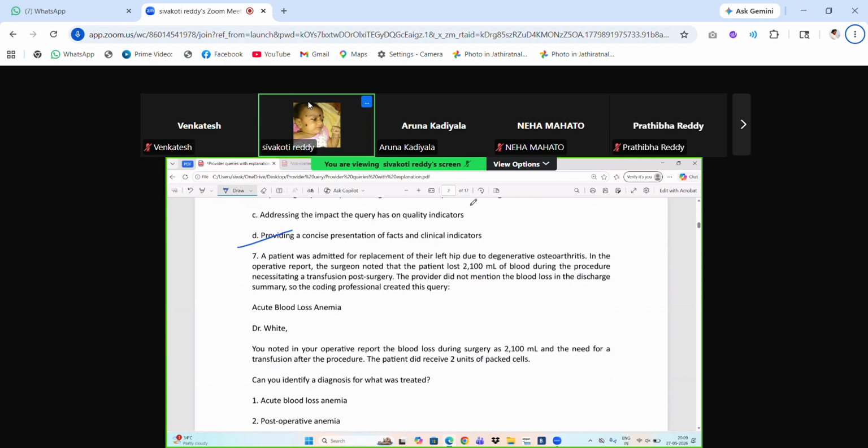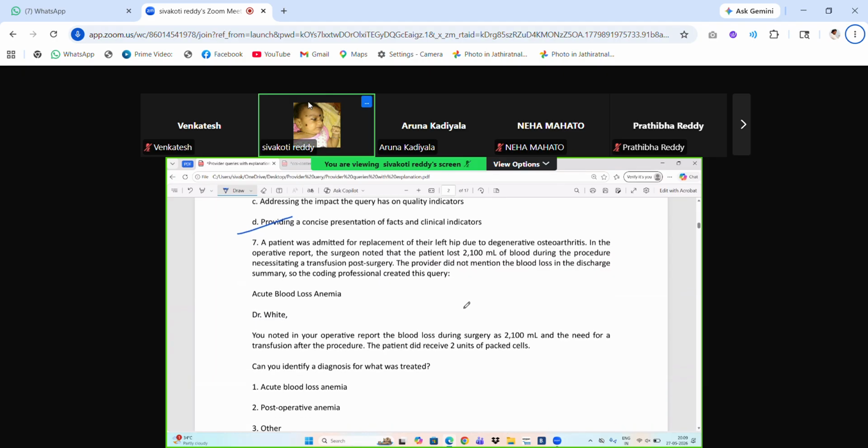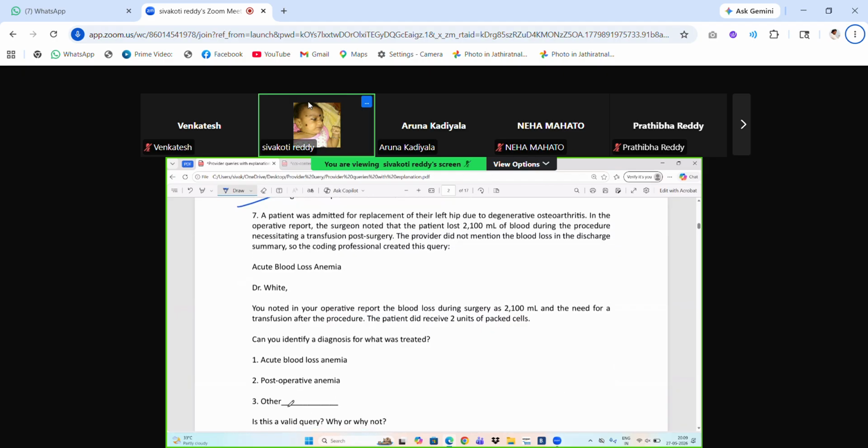Seventh question. They raised the query like this and they are asking: is this a valid query, why or why not? From here, the coding professional created the query like this.